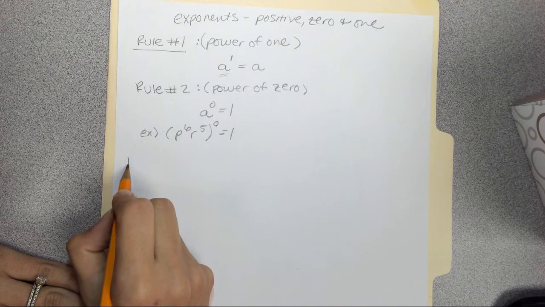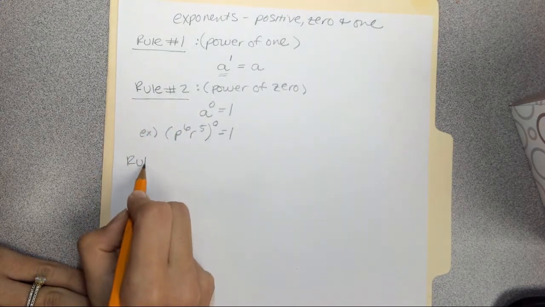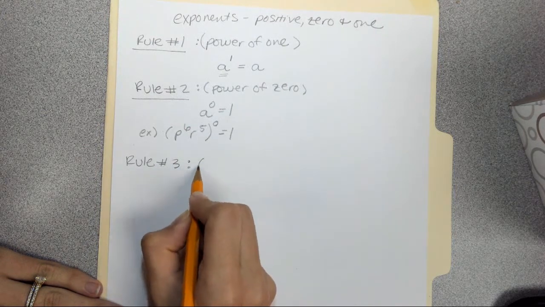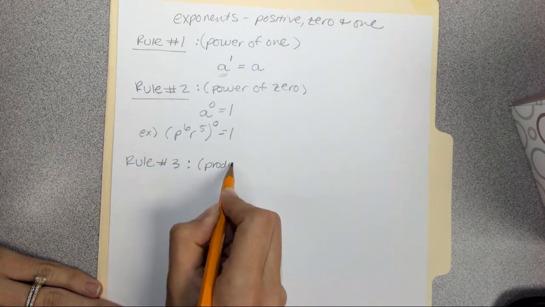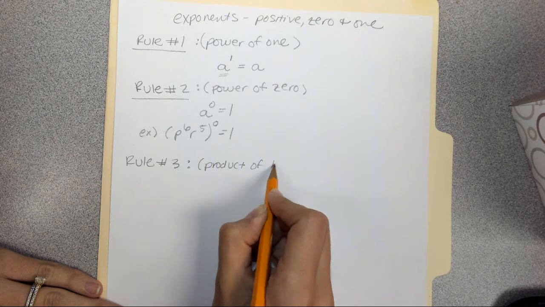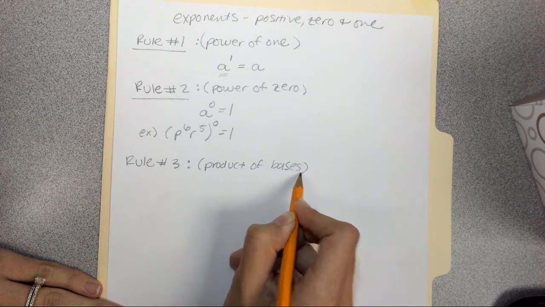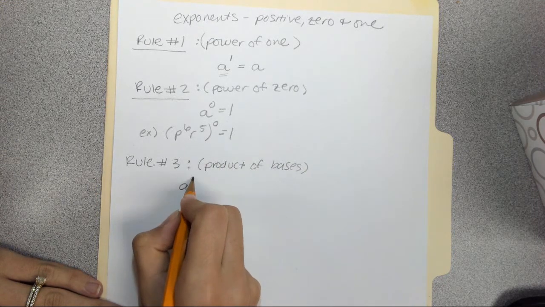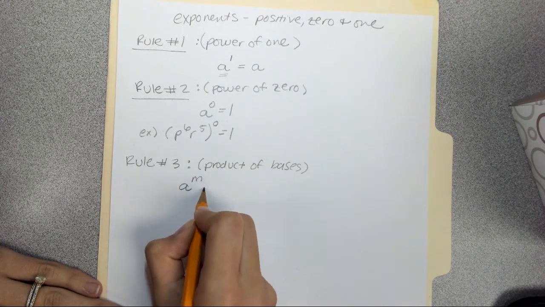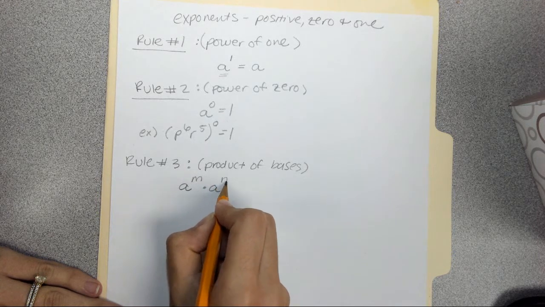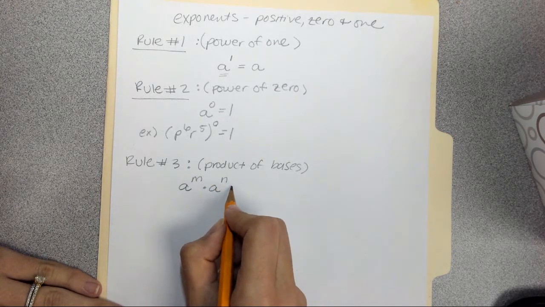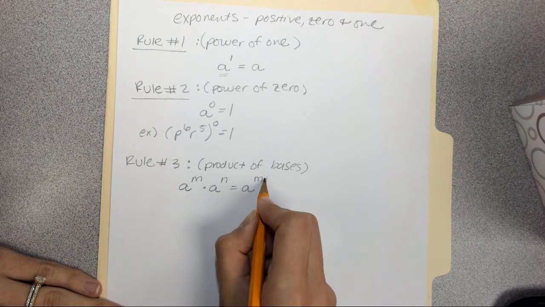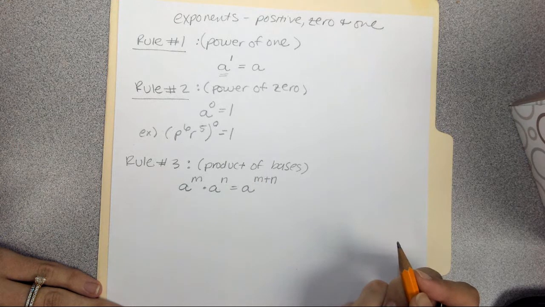So let's take a look at rule number 3. Product of bases. For example, if I had a to the power of m, as in mom, times a to the power of n, as in Nancy, this would equal a to the power of m plus n.